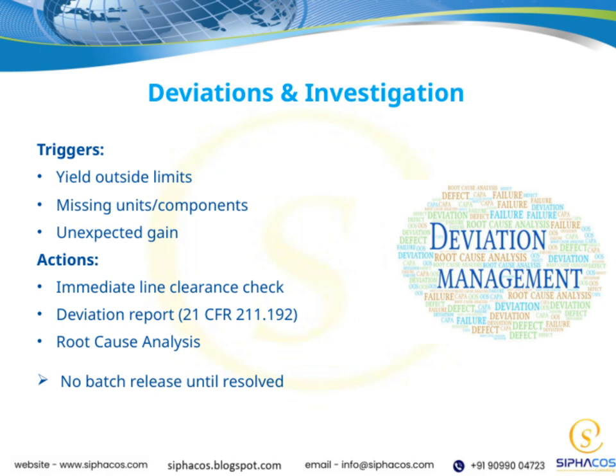It's important to remember that no batch should be released until these deviations are thoroughly resolved. This process helps us maintain product quality and ensure patient safety. Consistent investigation and resolution of deviations keep our manufacturing process reliable and compliant with regulatory standards.